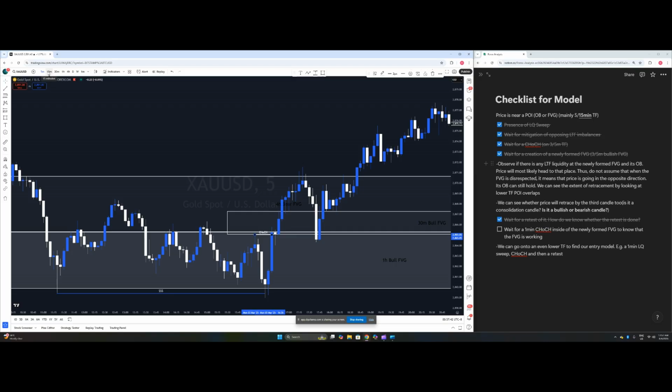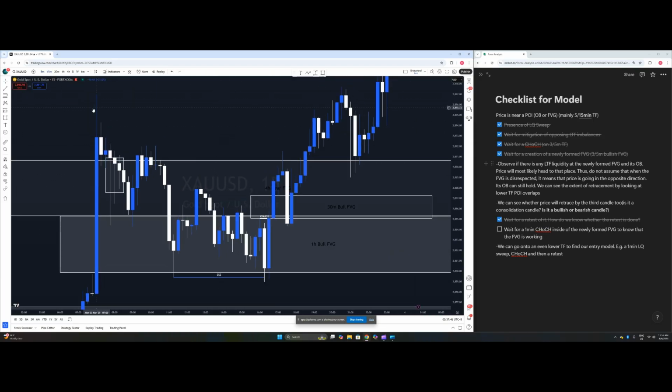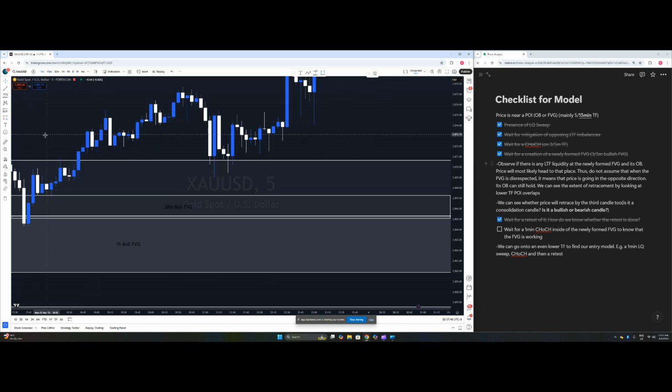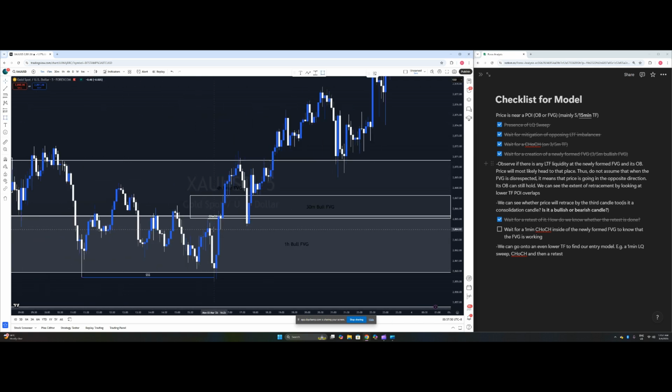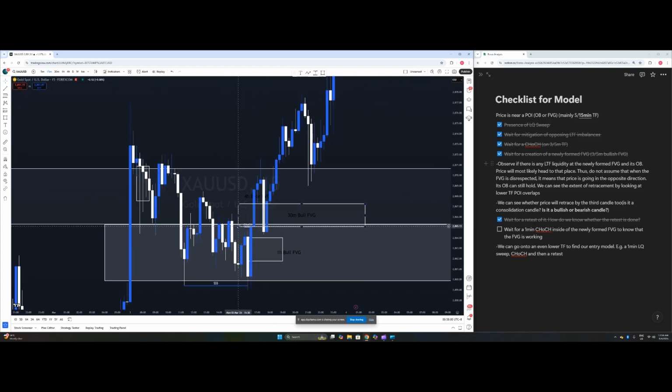So yeah. However, the gap wasn't closed, right? The gap wasn't tapped into, probably because of this long wick doji candle. So in the 15 minutes, actually you can see that on the 15-minute time frame, there's another 15-minute bullish fair value gap that we can use, right?